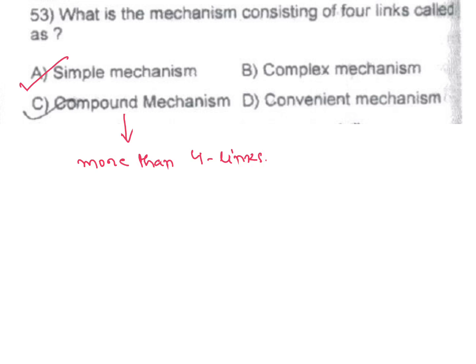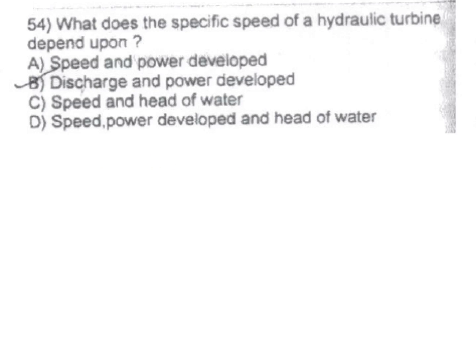Then, what does the specific speed of a hydraulic turbine depend on? Specific speed of turbine is N root P by H to the power 5 by 4. So here N is RPM, revolution per minute.